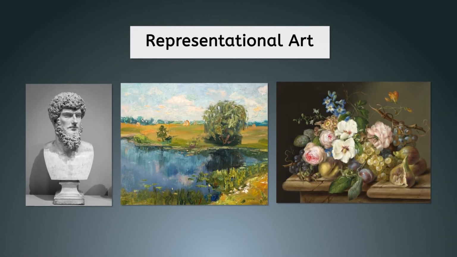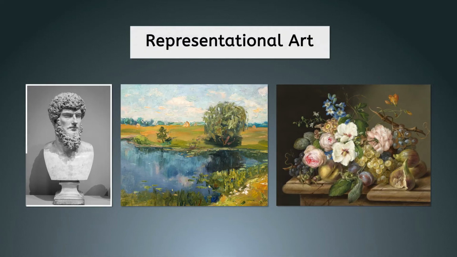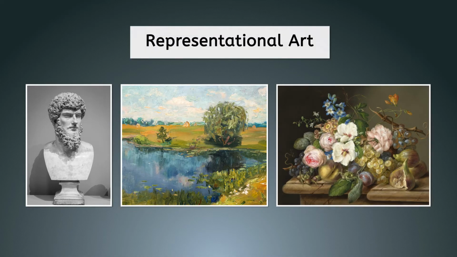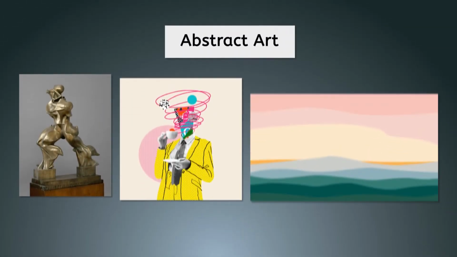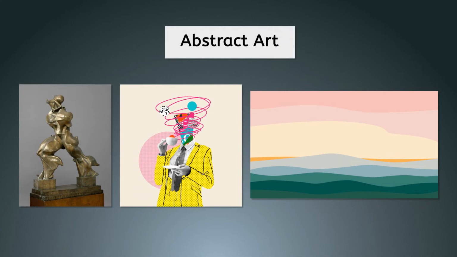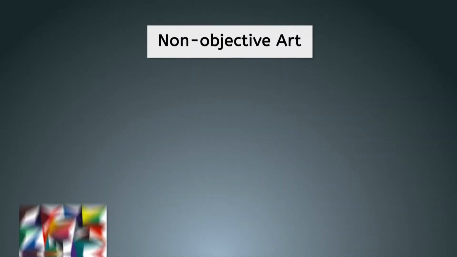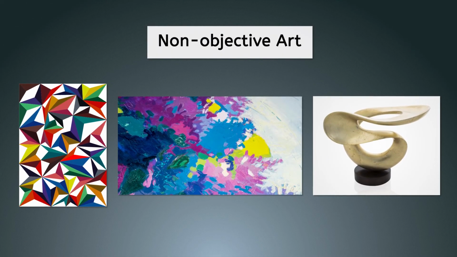Representational art is designed to look like something, like people, places, or objects. Abstract art focuses on creating imagery that is a departure from reality, and it often incorporates alterations of form. Non-objective art has no reference to reality, and instead focuses on design elements.